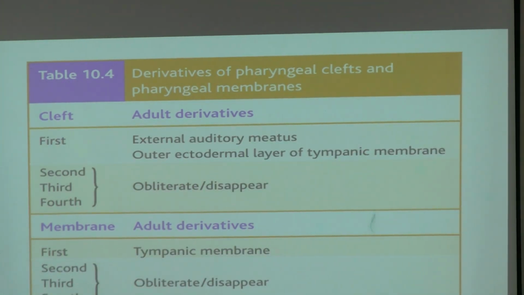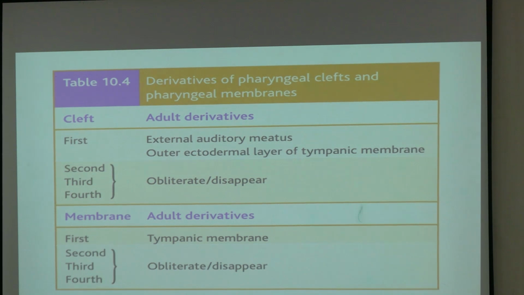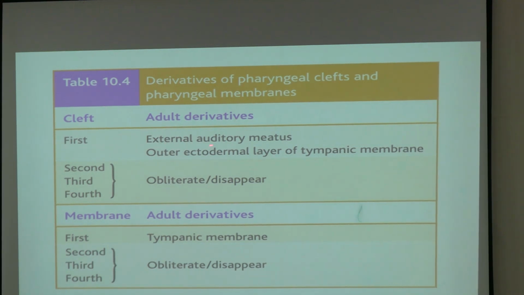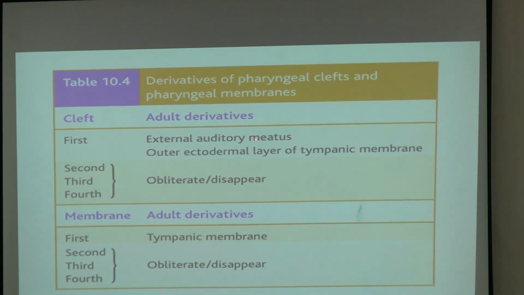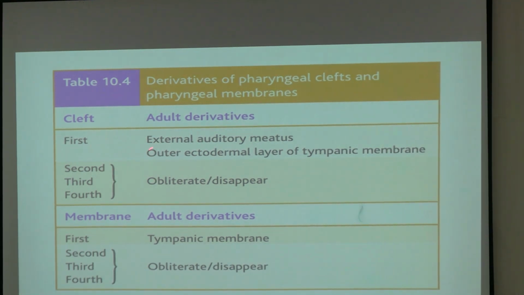So, here you can see the derivative of your pharyngeal cleft or groove along with the pharyngeal membrane. The first pharyngeal cleft will give rise to the outer lining of the external auditory meatus along with the outer ectodermal layer of the tympanic membrane. Write down this point.